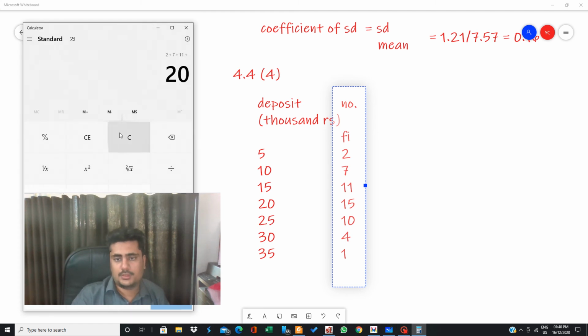This is 2 plus 7 plus 11 and so on. The total is 50.